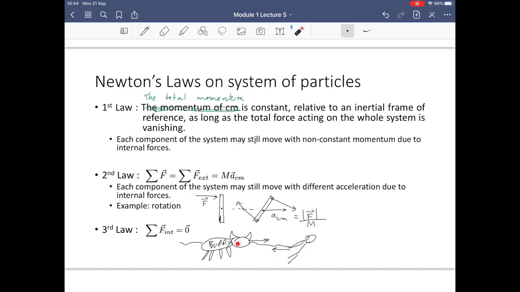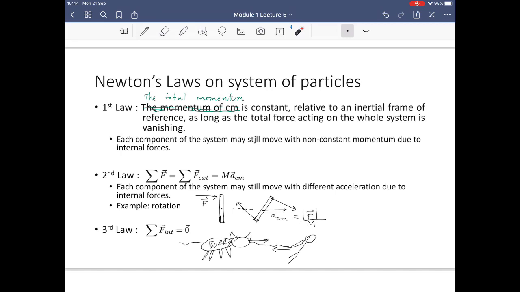But because both objects are part of the same bigger system, this is a force acting on the whole system, and this is also a force acting on the same whole system. Okay, so now you can add them up and cancel them out. Okay, so that is the key.